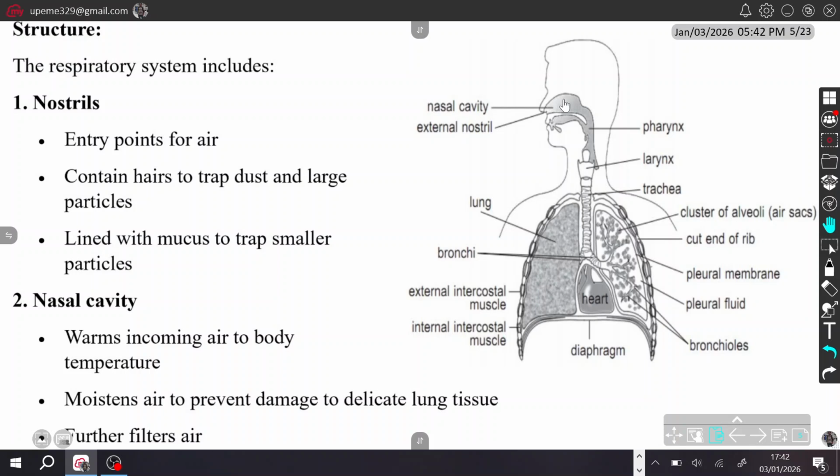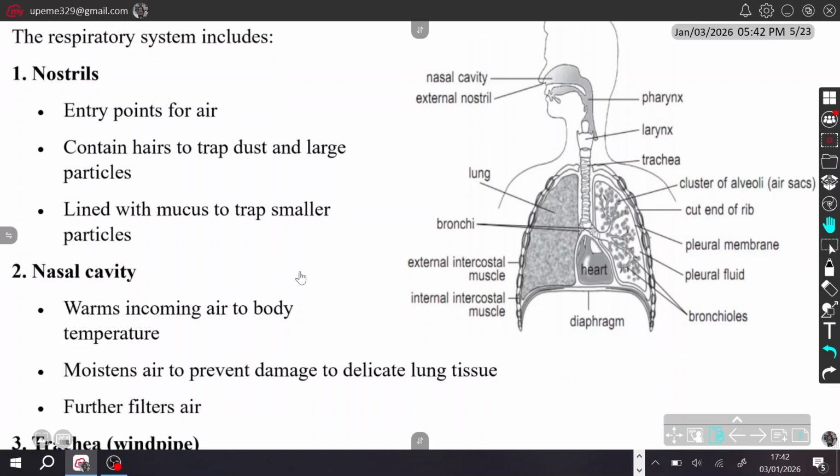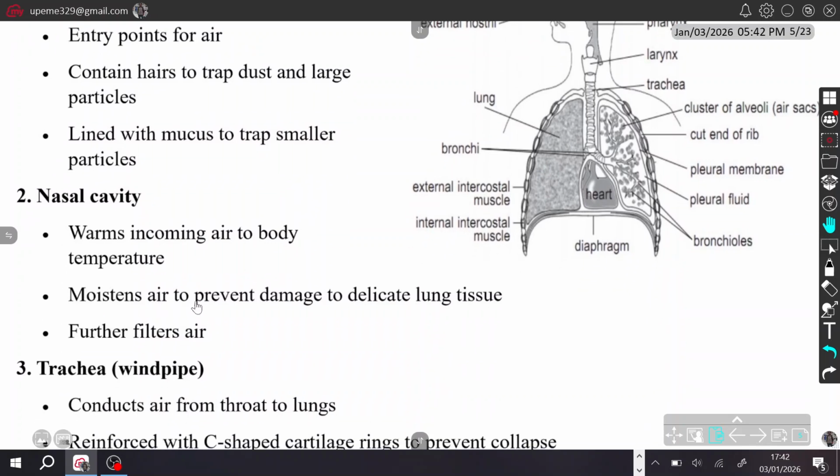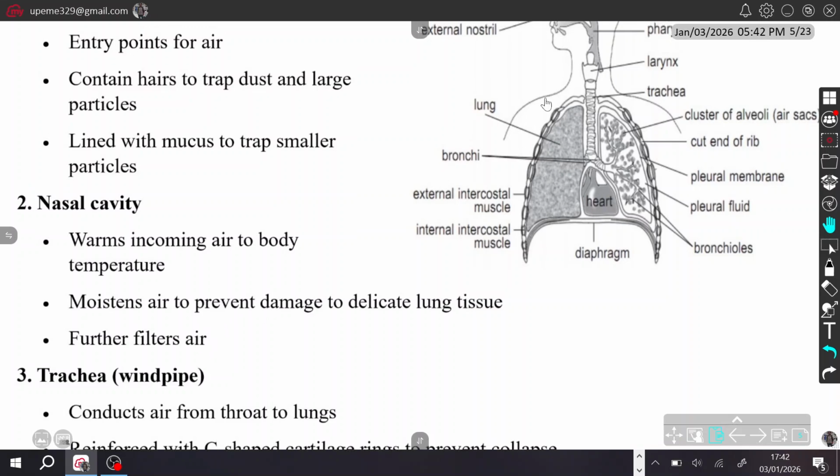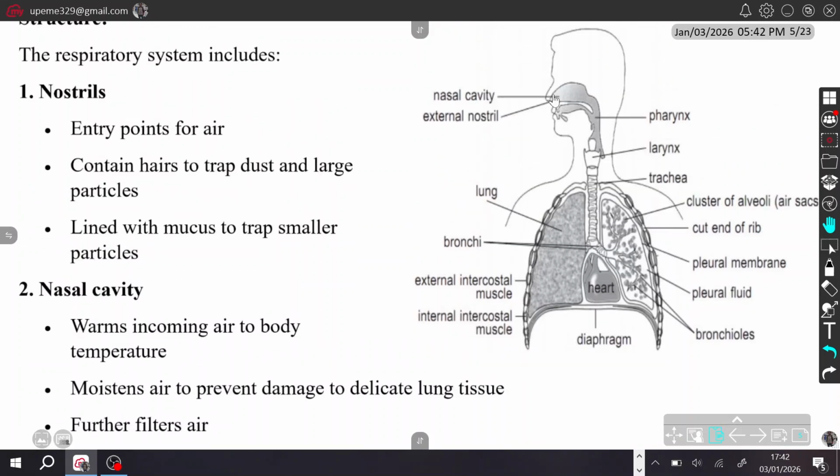It also moistens air to prevent damage to delicate lung tissue. It makes the air moist, or wet, so that the air does not damage the delicate, soft lung tissue. It further filters air, so it also helps to ensure that air is again filtered.